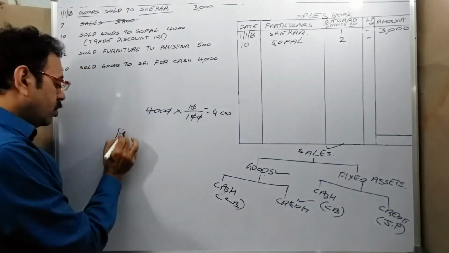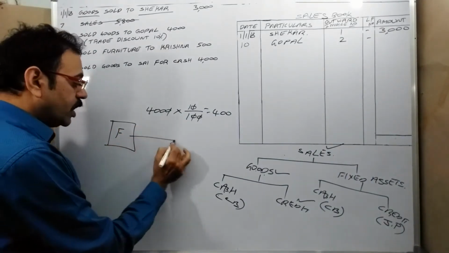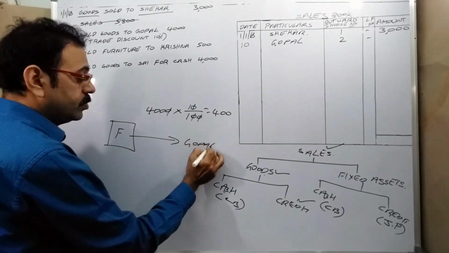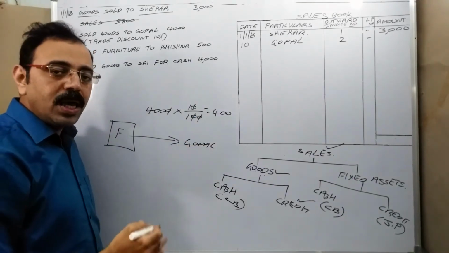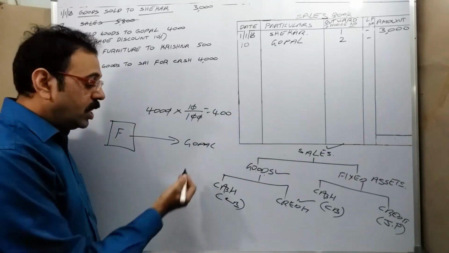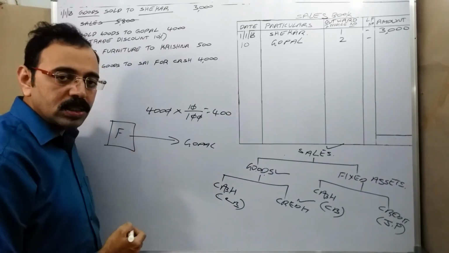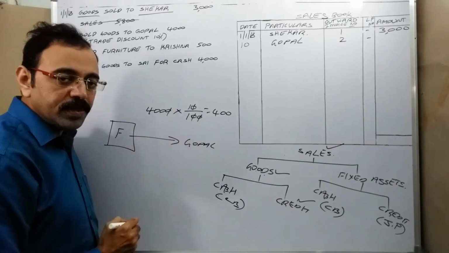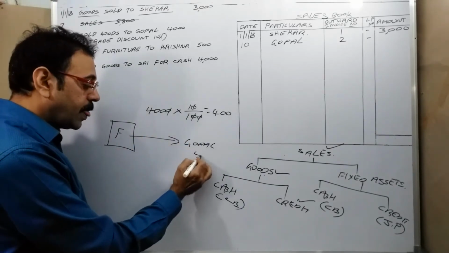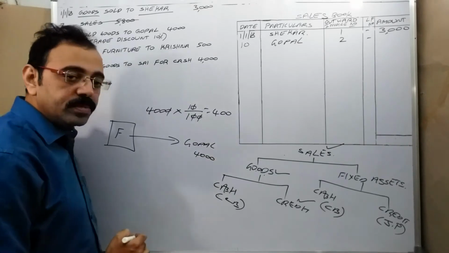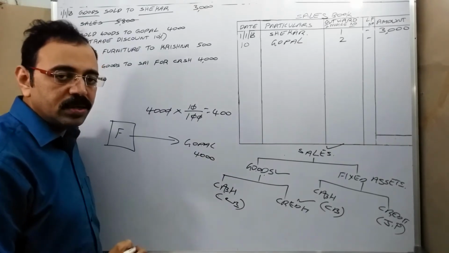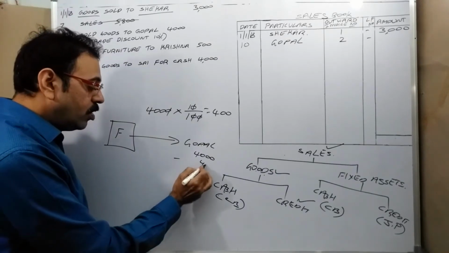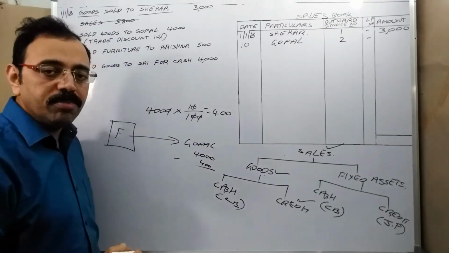So, we are selling goods to Gopal. Gopal is buying in bulk, so he asked for some discount from us. While selling the goods, we are allowing a discount to him. How much worth of goods is he buying? 4,000. Catalog price is 4,000. Since he wants a discount, we allowed 400 discount to him.